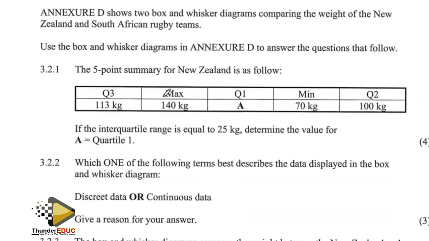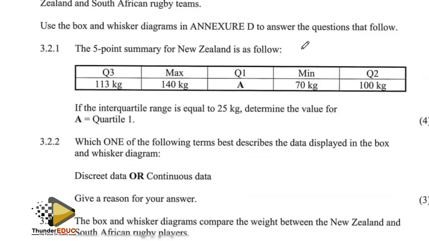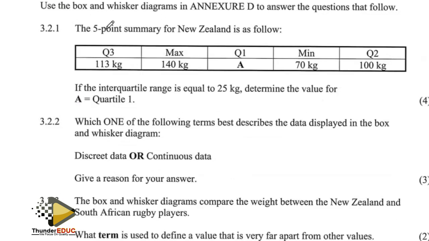Annexure D shows the two box and whisker diagrams comparing the weight of the New Zealand and South African rugby teams. Use the box and whiskers diagram in Annexure D to answer the following questions. The 5-point summary for New Zealand is as follows.